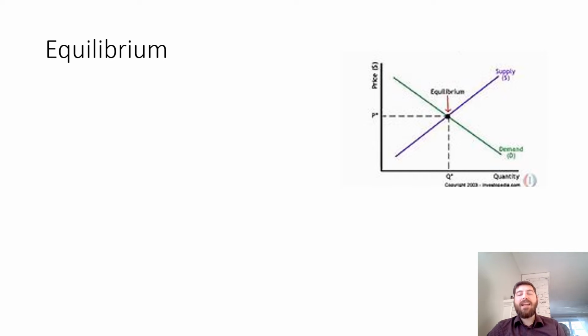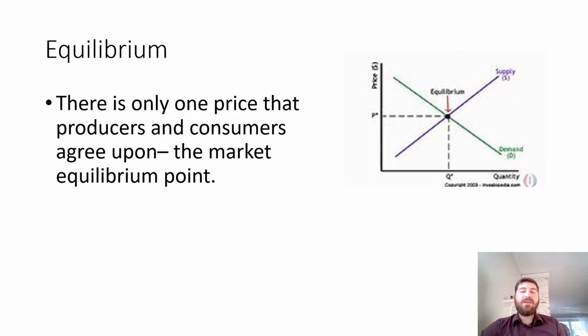Anyway, in economics, equilibrium is that point in which producers and consumers agree upon the best price. I wrote here there's only one price that producers and consumers agree upon. That's not exactly correct. As you see with these lines, there will be a little demand anywhere along this line.